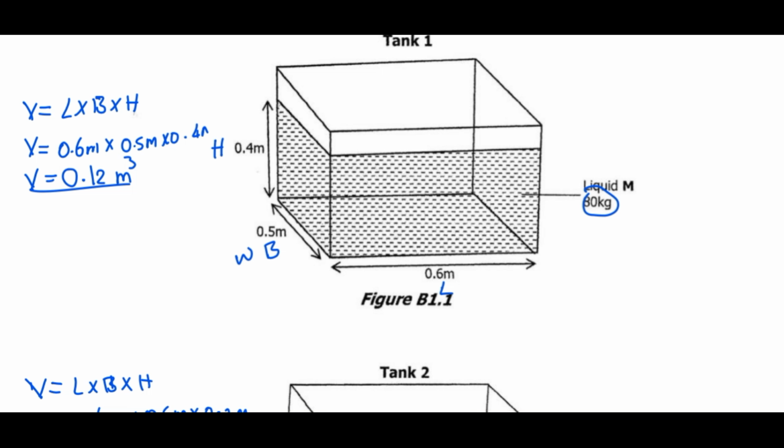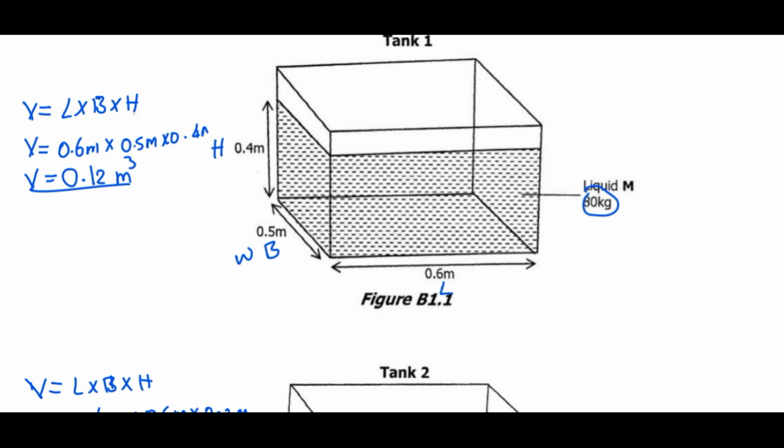Now the question is, what would be the mass if the volume is 1 cubic meter? You know that 1 cubic meter is far greater than 0.12. So how are we supposed to do it? What does this question imply? So this question is indirectly asking us to find the density of liquid M.